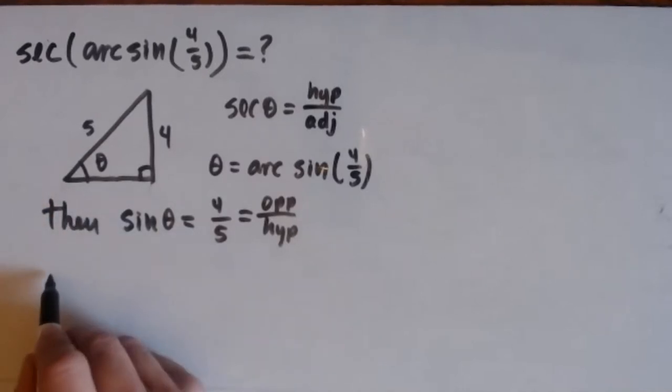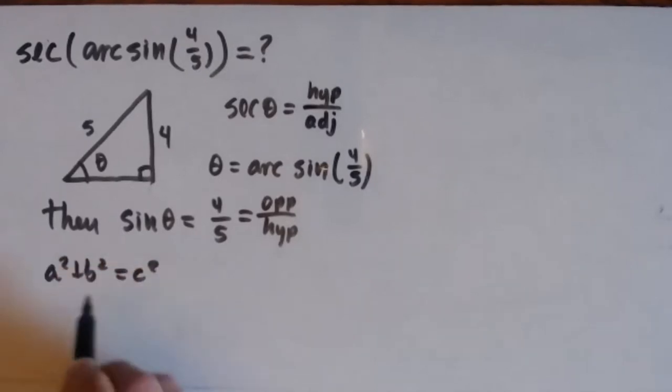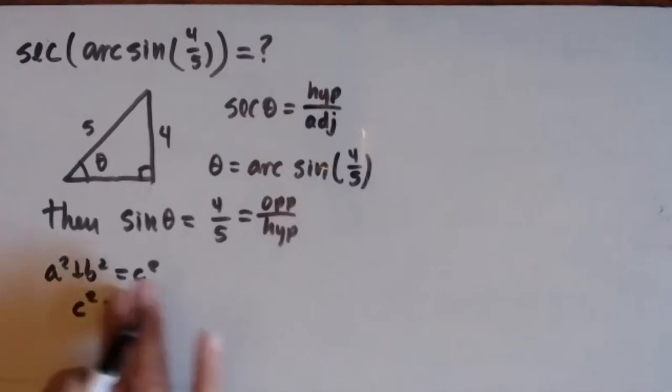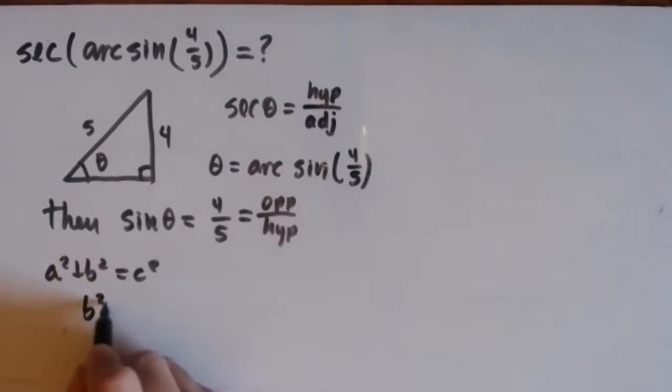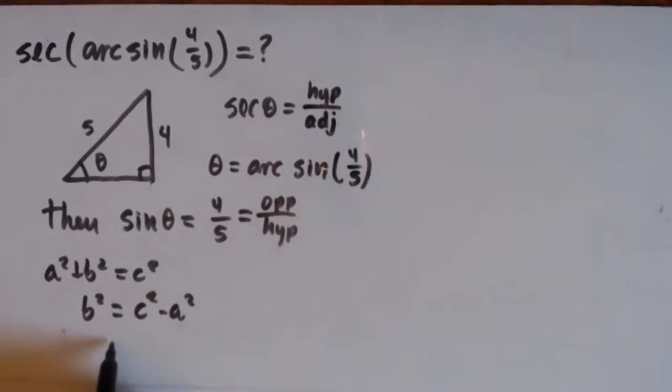Remember, a squared plus b squared equals c squared. If you need the hypotenuse, it's c squared. If you need one leg, b squared equals c squared minus a squared. Then you take the square root, and then you get what you need, correct?